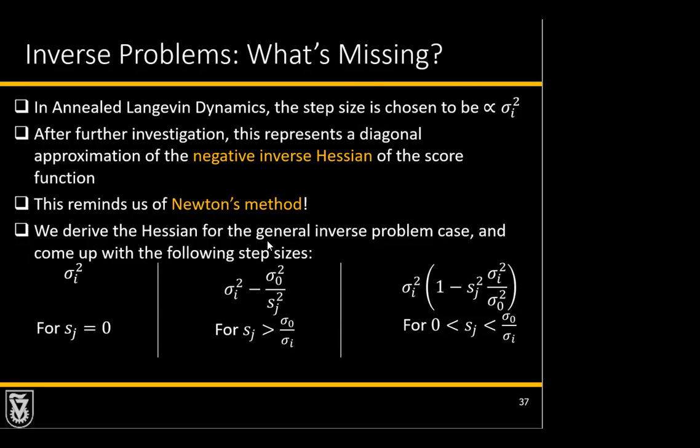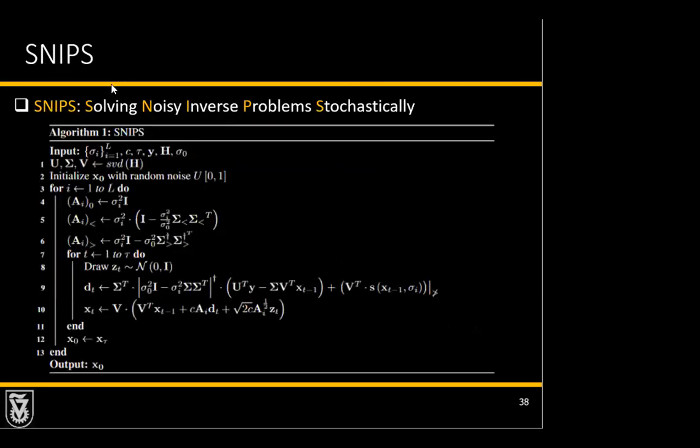After applying these step sizes, instead of the original synthesis step size, we got the SNIPS algorithm: we solve noisy inverse problems stochastically. This is the same algorithm as before, just with a different step size across different entries and the new gradient vector, the new score function.